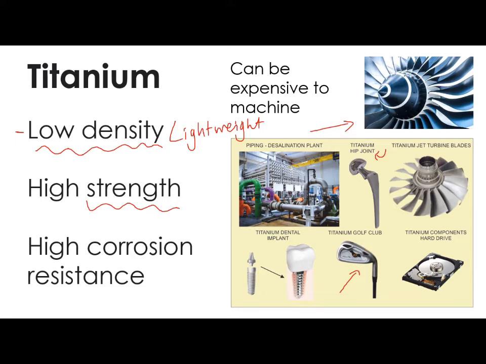So titanium is a bit of a wonder metal. It's used in lots of different applications. It can be quite expensive to machine, but it's got extremely high strength to weight ratio, even better than aluminium.